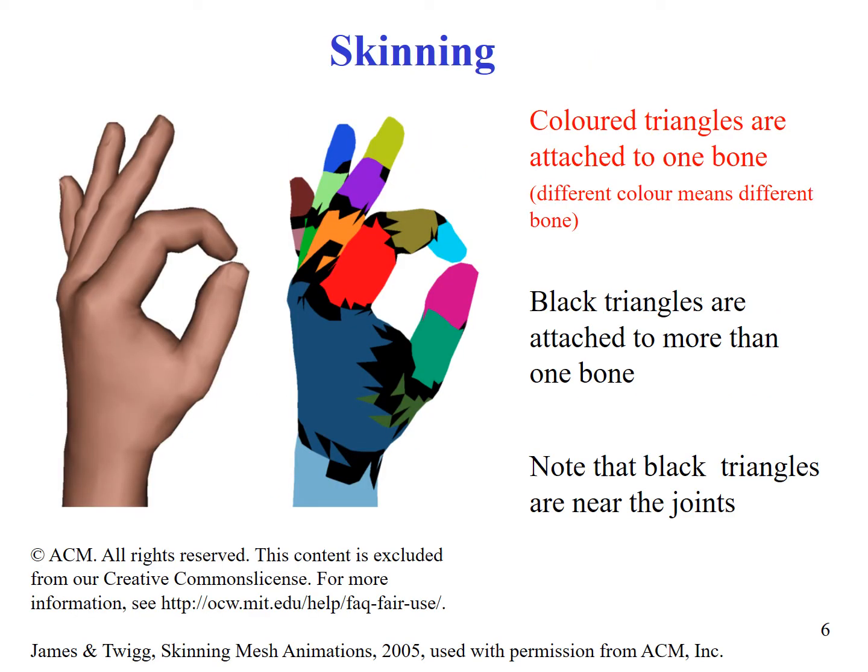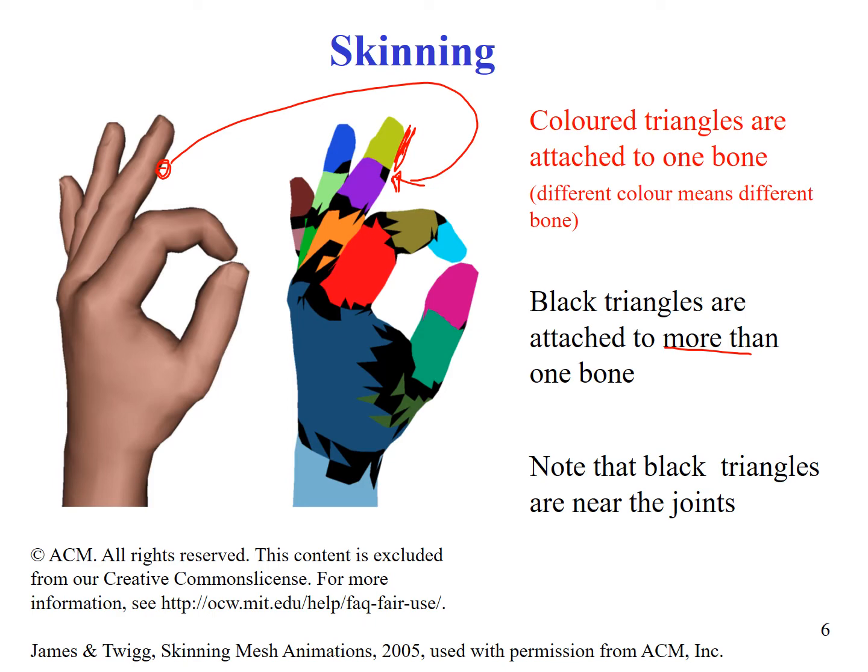Here is an example of a hand. The colored triangles are attached to one bone. Different colors represent their association with a specific bone. Black triangles are attached to more than one bone. So we see that at every intersection, and specifically for regions where we might expect a folding of the skin, such as this one, the triangles are colored black.